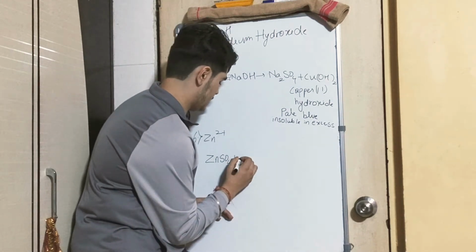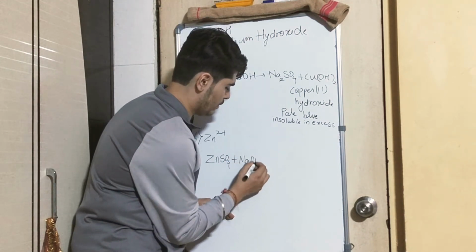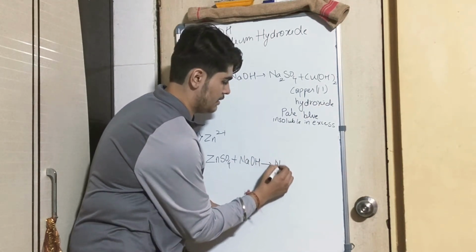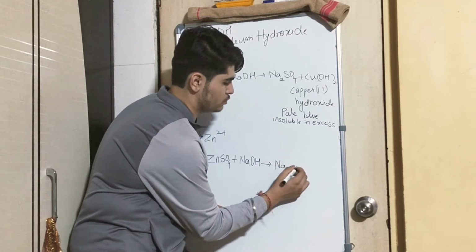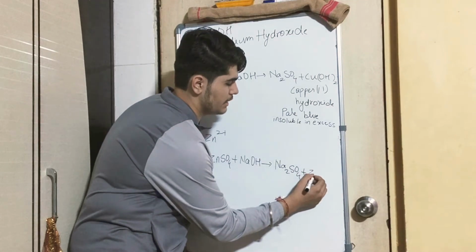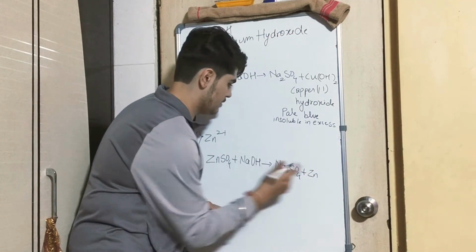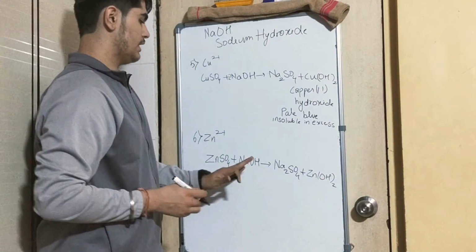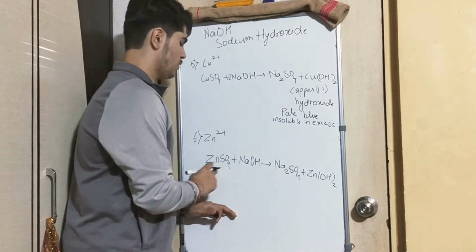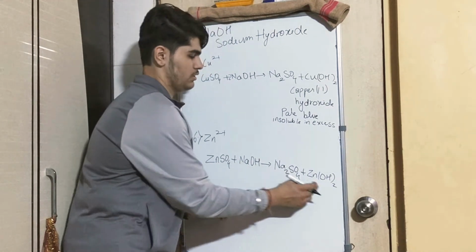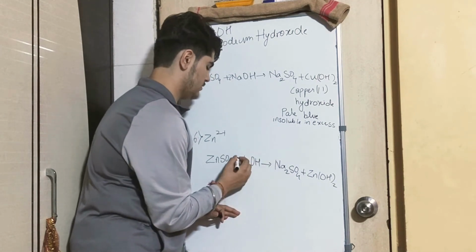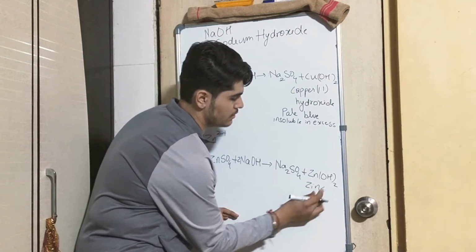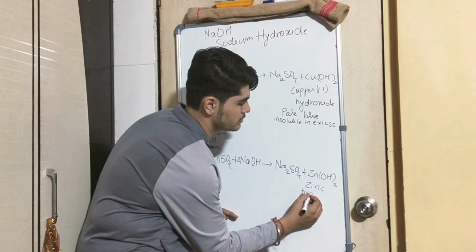ZnSO4 plus NaOH gives Na2SO4 plus Zn(OH)2. This is our byproduct which we got from reacting these two. We have got these two products. So let's balance. Everything is balanced, with zinc hydroxide.